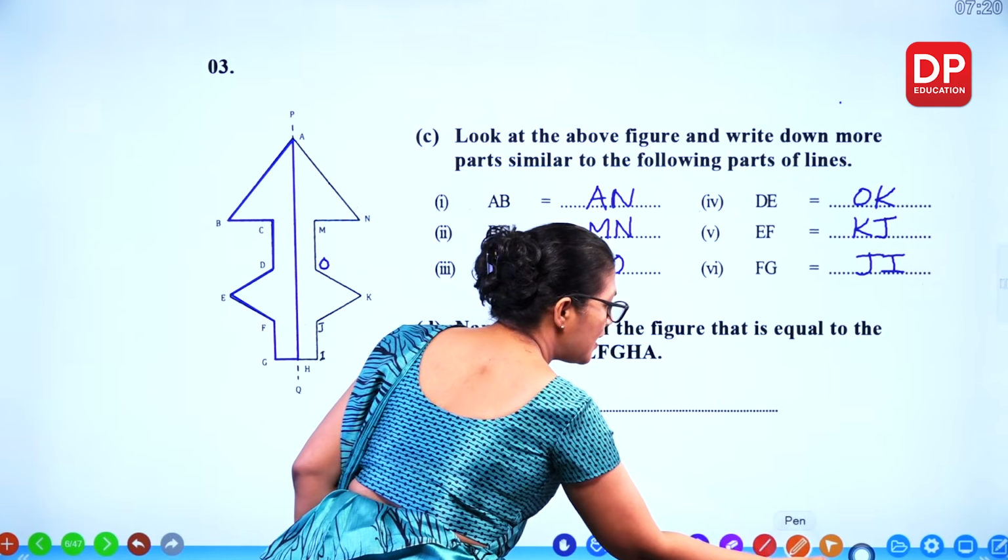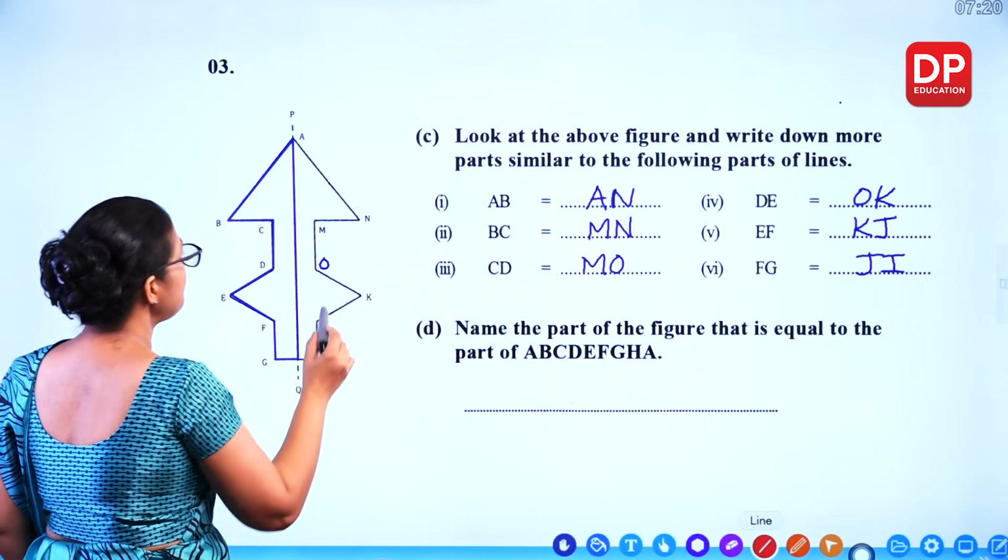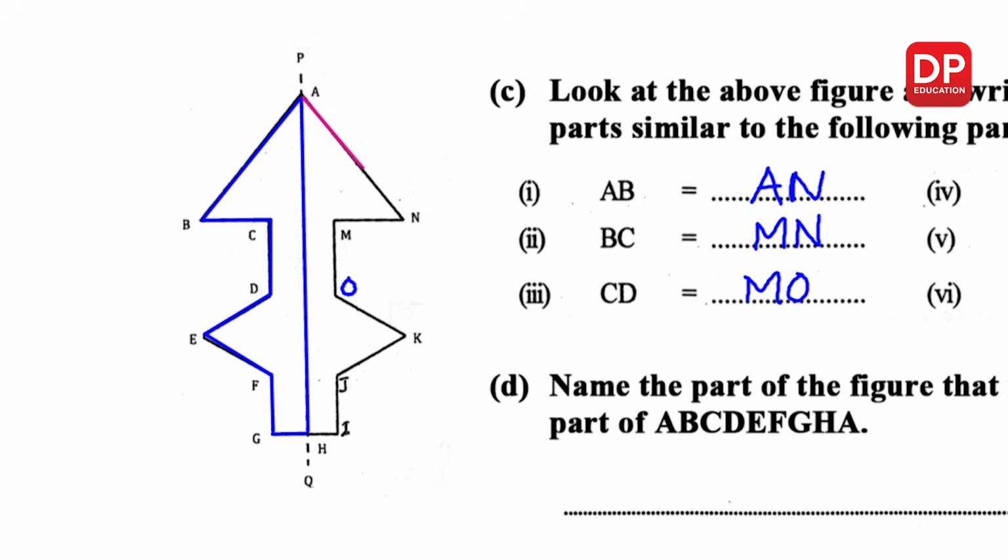We can find the other part as, what's the other part? A, N, N, M, then O, K, J, I, H, and then back to A. So that's the same part on the other side.